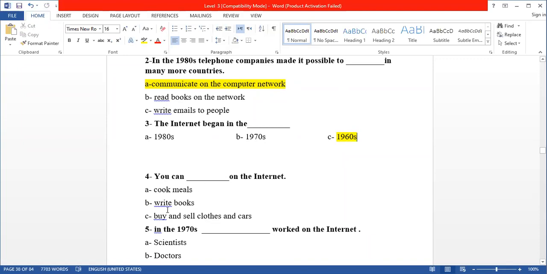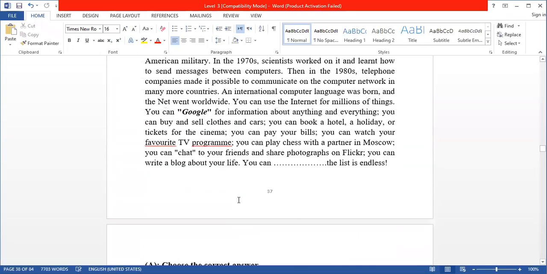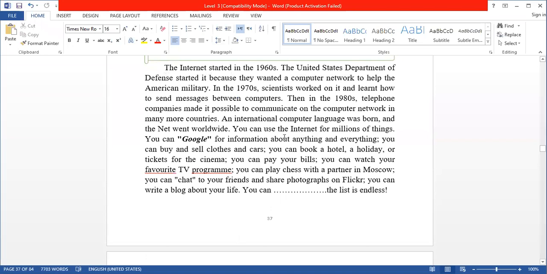You can write books or buy and sell clothes and cars. Not B, C. You can Google for information, and you can buy and sell clothes and cars.